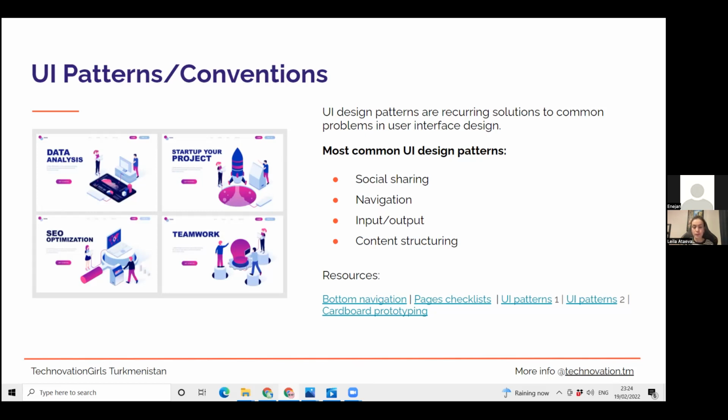When it comes to input and output, it's more about the patterns that include different forms that allow the users to submit information and receive feedback from the website on an action. For example, let's say you are on a website and there's a contact form with certain fields that you need to fill out.